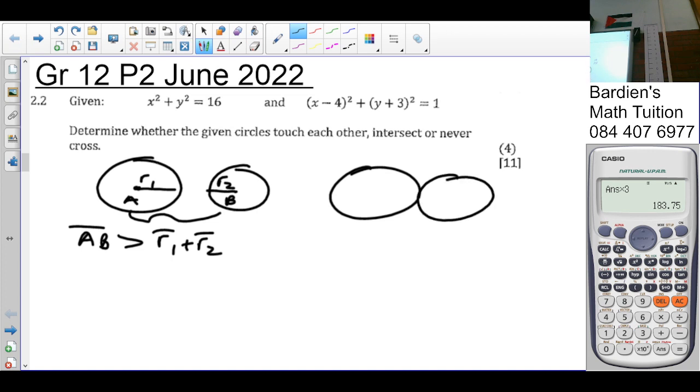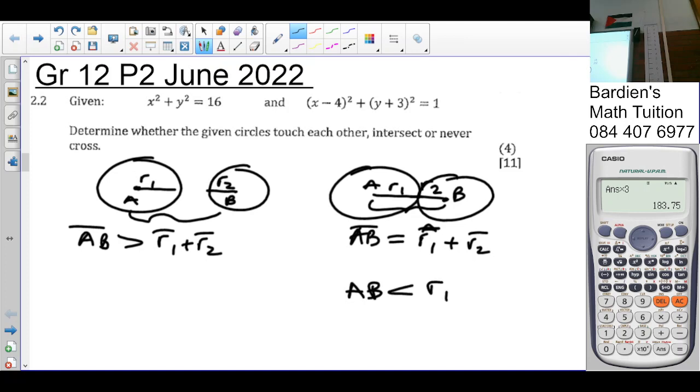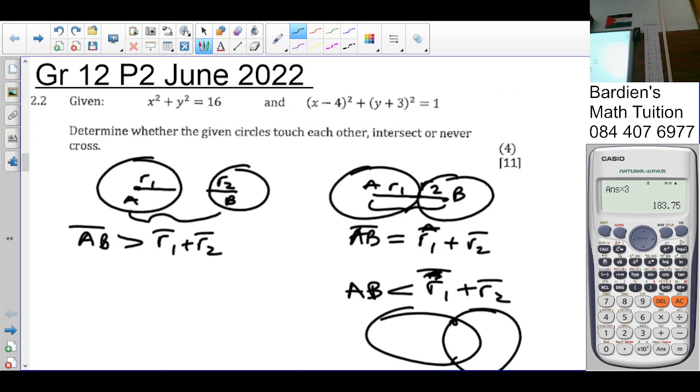If the distance between A and B is equal to the sum of the two radii, then they touch each other once. And if it's the other way around, if AB is less than the sum of the two radii, then they will intersect each other at 2 points. So that is what you need to note at this point.